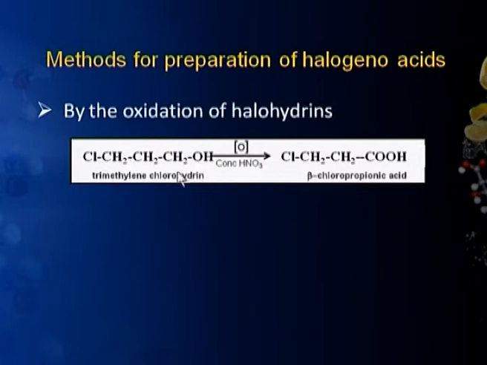When it is oxidized, this primary alcohol group, this CH2OH group, will be oxidized to COOH and we will get a beta halogen substituted acid in this case. This is beta chloropropionic acid.